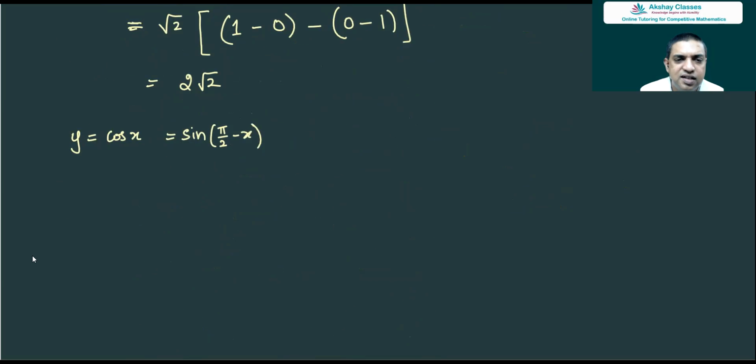All right, cos x is sine pi by 2 minus x, or that means we are shifting the graph of sine x towards the positive, or you can say sine of pi by 2 plus x is also cos x. All right. Now we are shifting the graph leftwards. I'll just show this.